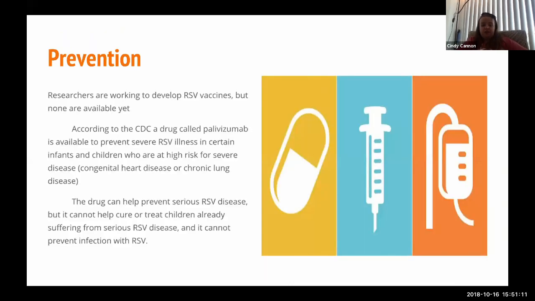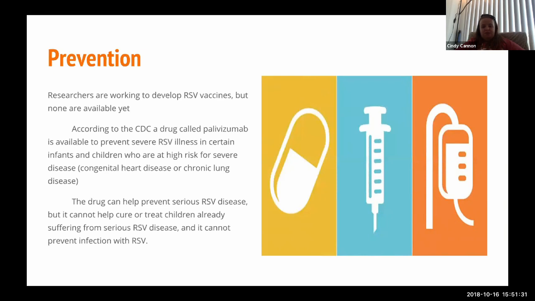Another thing they're working on with prevention is researching a vaccine, but right now it's not available, though they're still working on it. And I did find in the CDC that there is a drug called palivizumab.